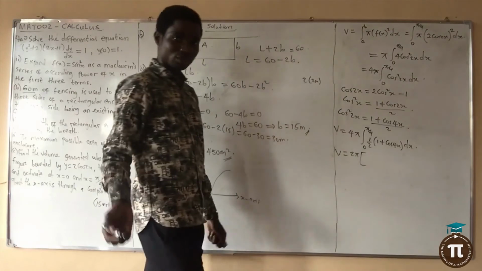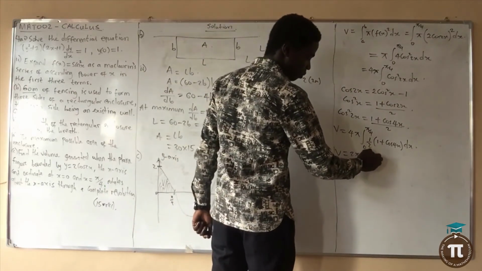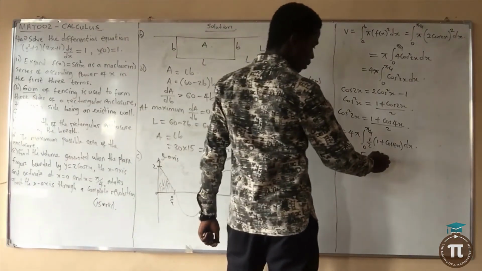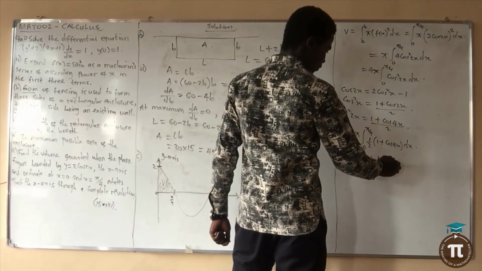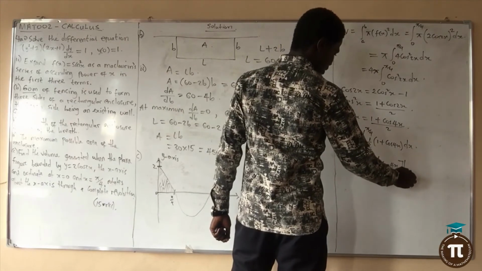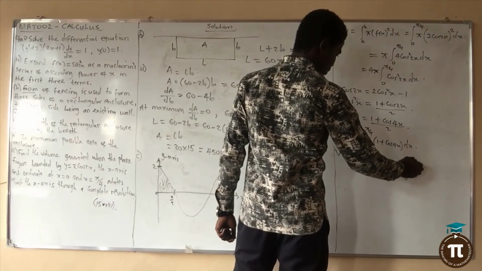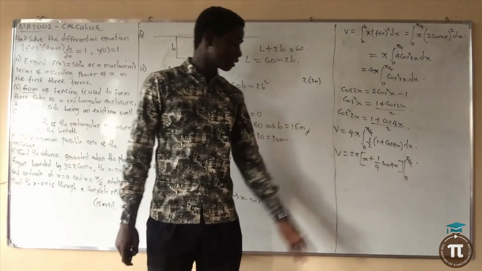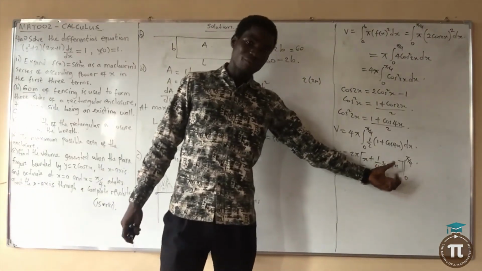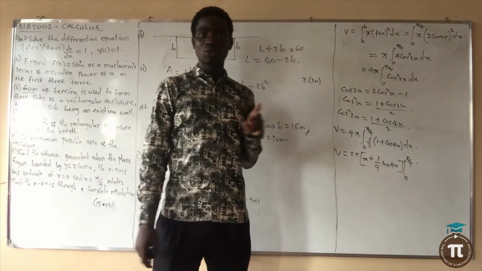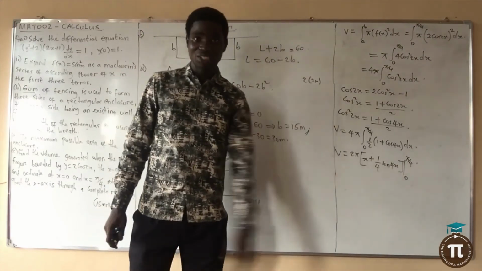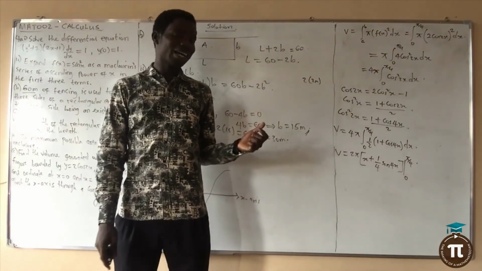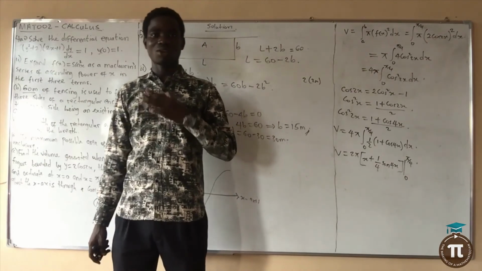If you integrate 1, you have x, plus integrate cos 4x, the answer will be 1 over 4 sine 4x, and we go from 0 to pi over 4. Now, if you are not sure of the integration, differentiate 1 over 4 sine 4x, you must get cos 4x. If you don't get cos 4x, that means what you have done is not correct. So when you are integrating, you also need a strong knowledge of differentiation alongside.